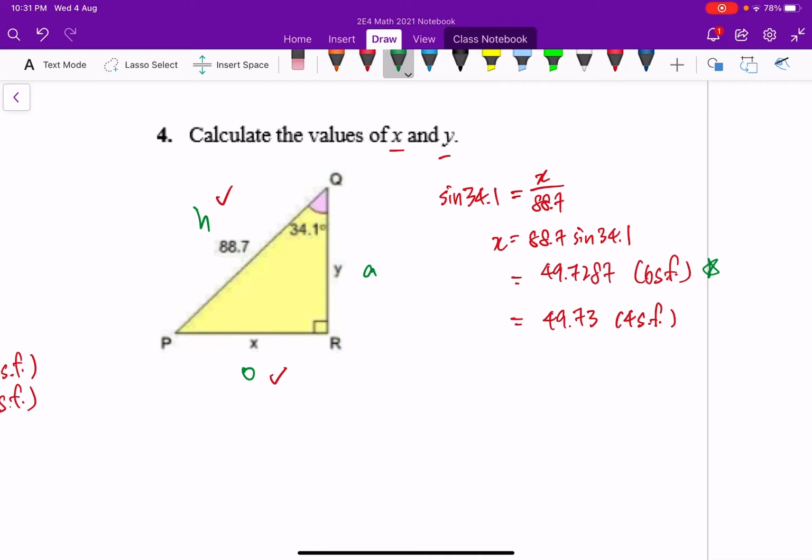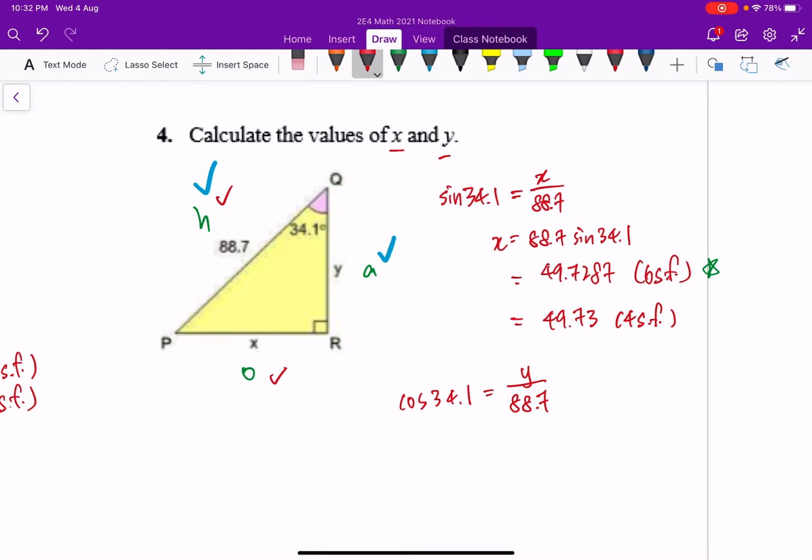Now let's look at the y. How do I find y? I'm going to use a blue color pen here. To find my y, I can use A and H. So I will do cosine 34.1 will be equals to y over 88.7.